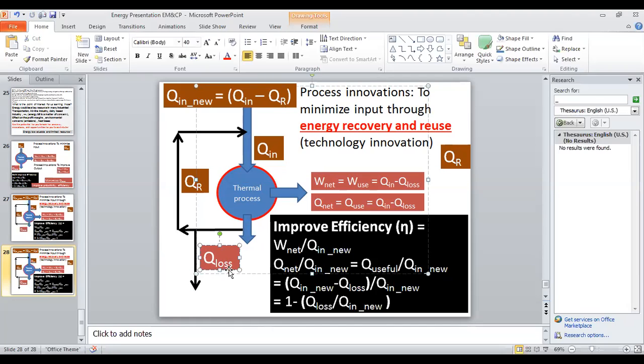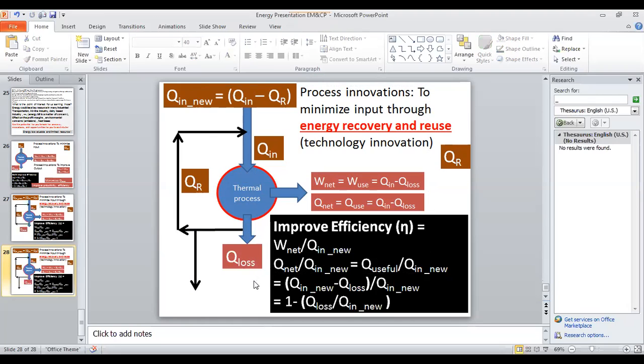See, your Q loss is here, it is reduced now. Q loss is reduced. Okay, now I'm going to improve this diagram.